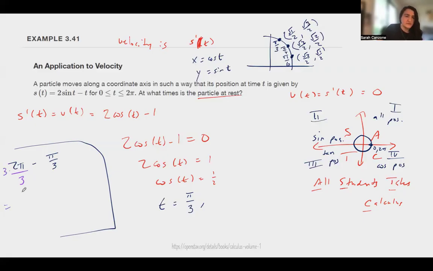So this turns into 6 pi over 3 minus pi over 3, and this gives us 5 pi over 3. So that's our answer for what t is. We have t is pi over 3 and also 5 pi over 3. Anytime you're working with trig for sine and cosine, you're going to wind up with two values, whether it's positive or negative.